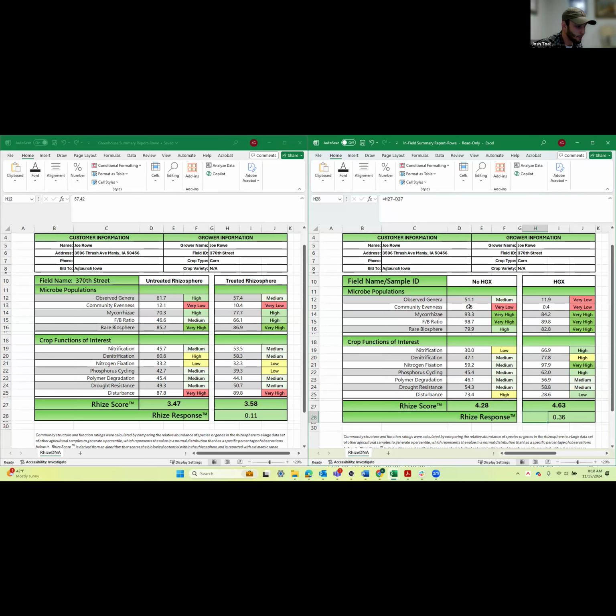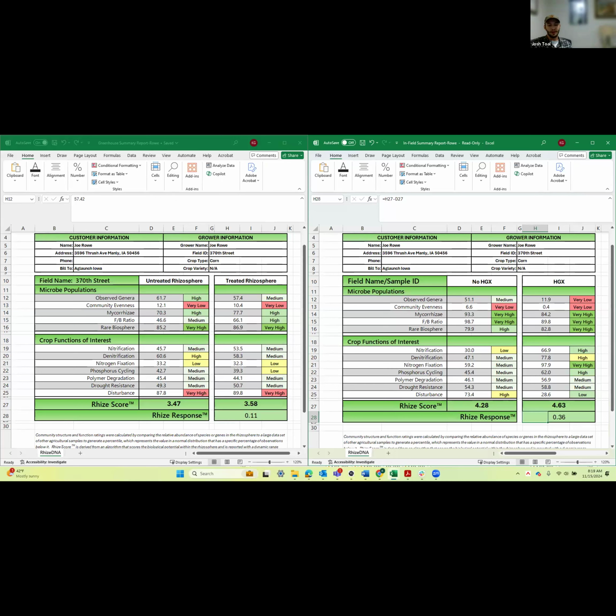Well, maybe we can jump into some of the greenhouse data. We ran 50 different soils this year in the greenhouse, and not every soil and seed responded, but I would definitely say more than most. So more than 50% of the soils responded to compost tea.